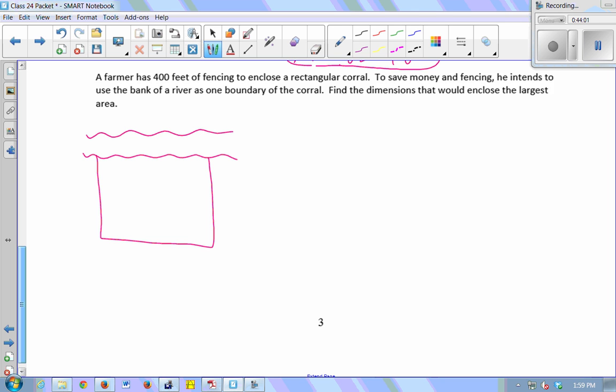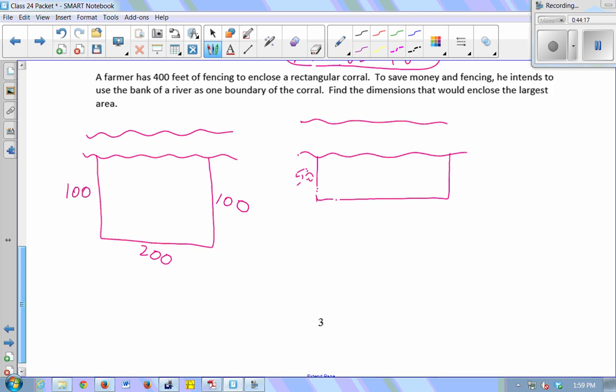He could build it 100, 100, and 200, or he could build it 50, 50, and 300. There's a gajillion options of how he could build this.